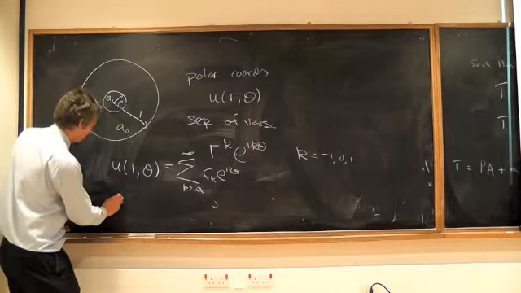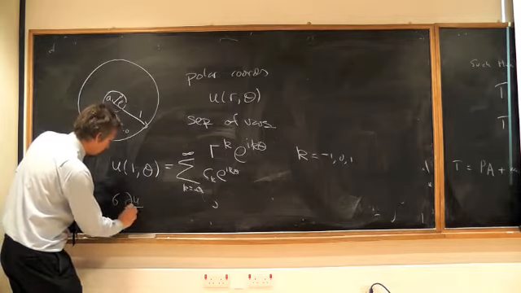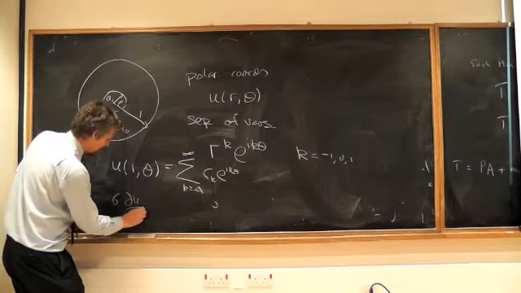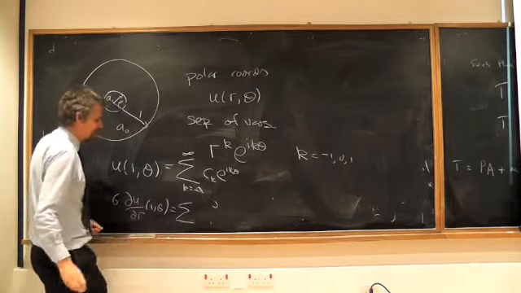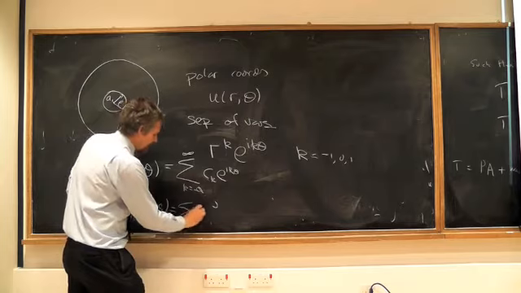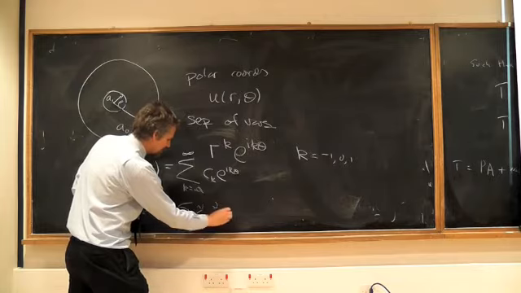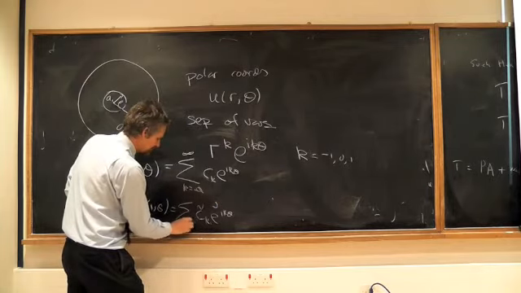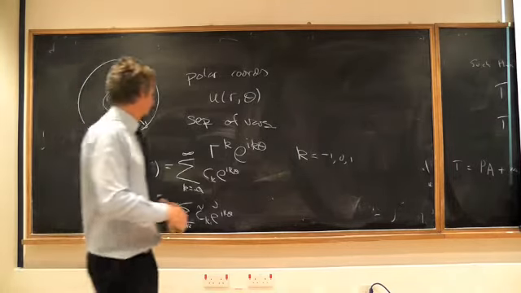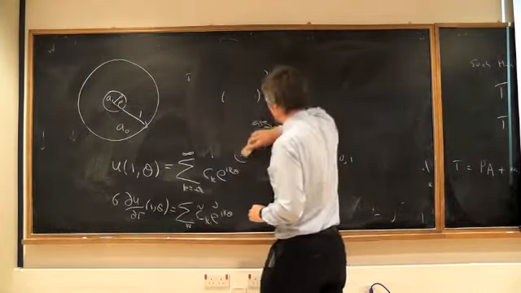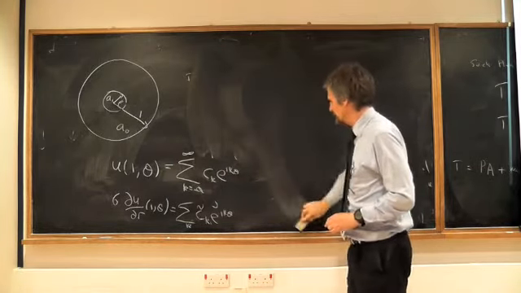Okay, so the current density, sigma du by dr, where r is the normal, at 1, theta, let me write that as another series, c tilde k, e to the i k theta. So they both have a Fourier series. One's called c_k and the other c_k tilde.